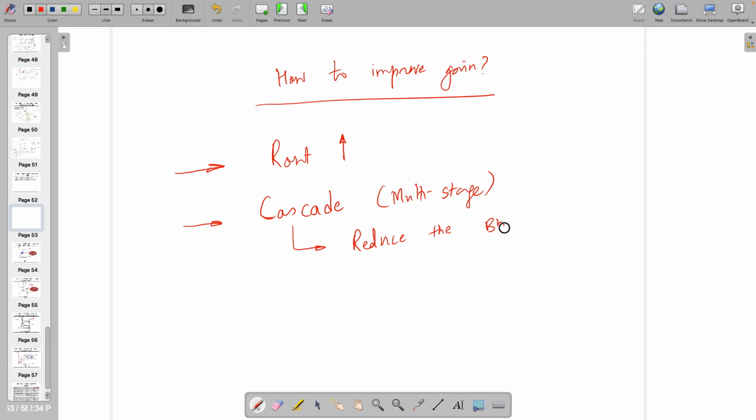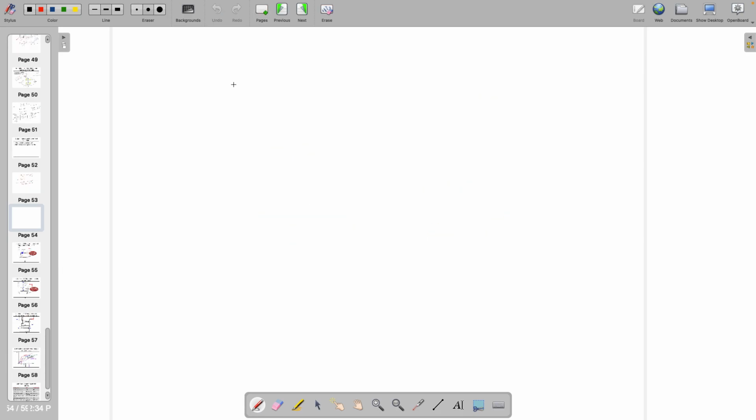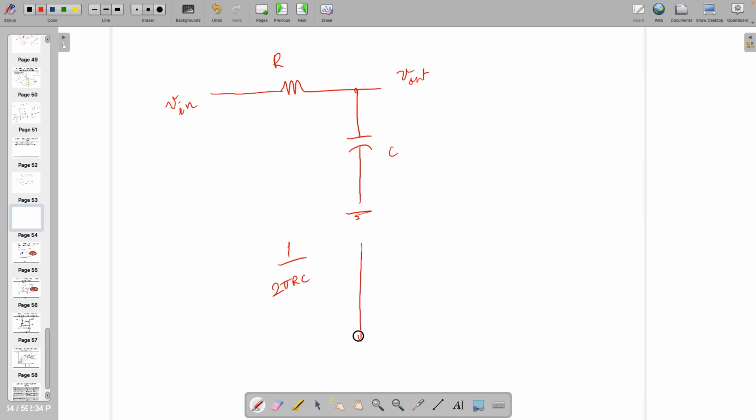If you want to see one example, let's assume that this is the circuit. What is the bandwidth of this one? 1 by 2 pi RC, right? Or you can say that there is a pole, and V out by V in.